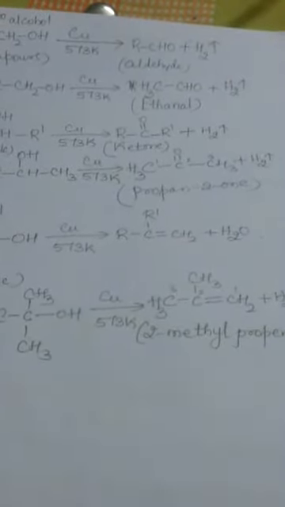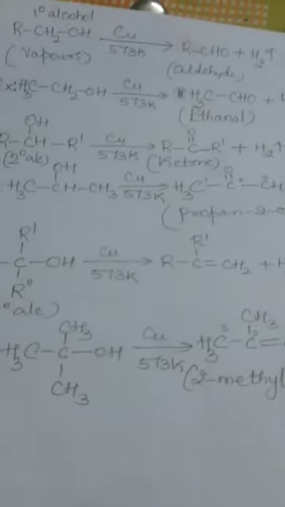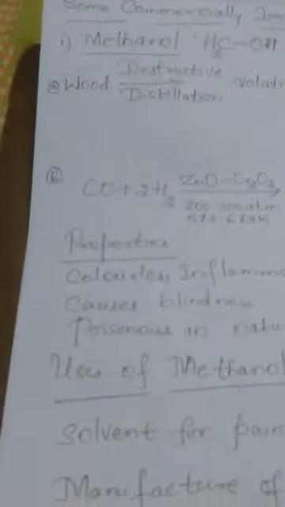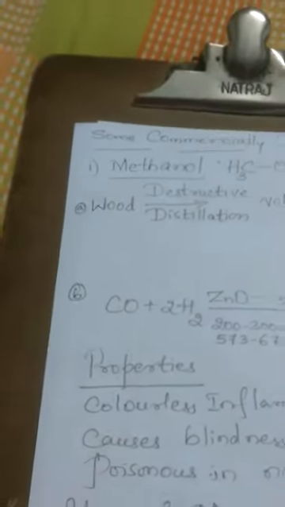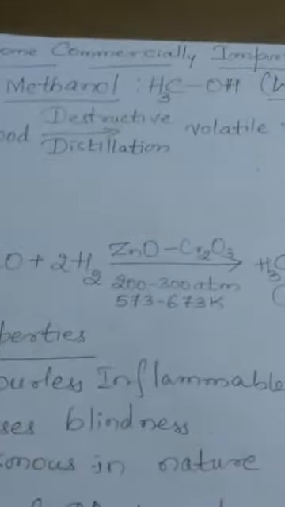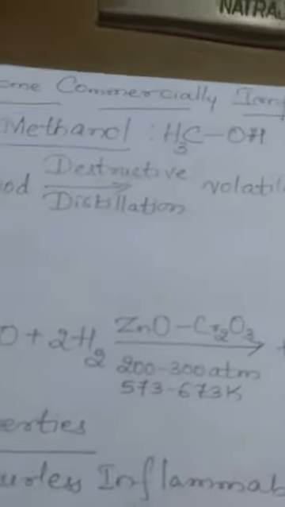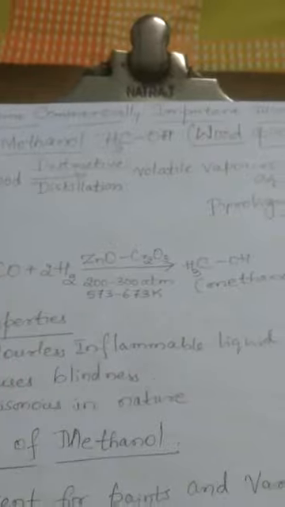Now to wind up, you should know about some commercially important alcohols. So there are two important commercial alcohols. The first one is the first member of the alcohol family itself, which is methanol, CH3OH. Now this methanol is also called wood spirit.